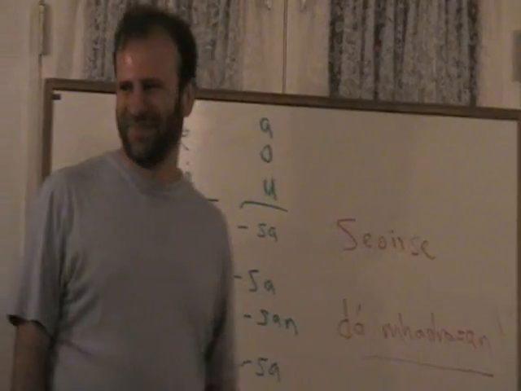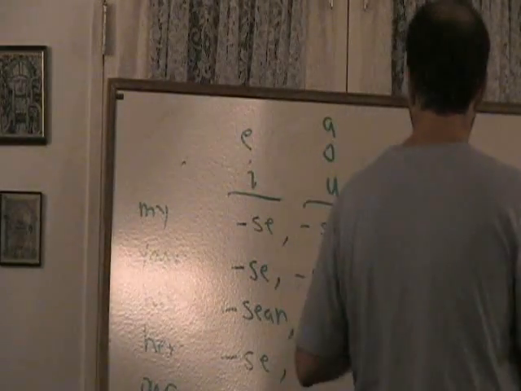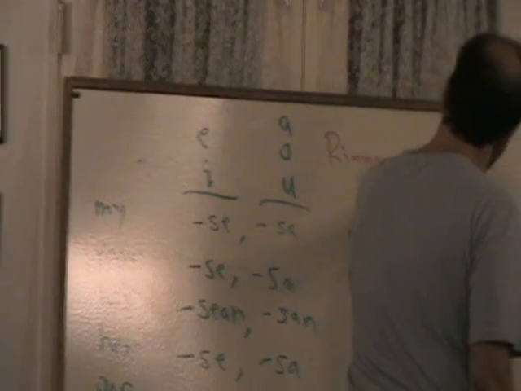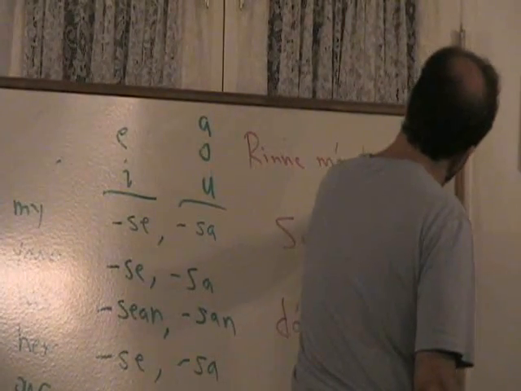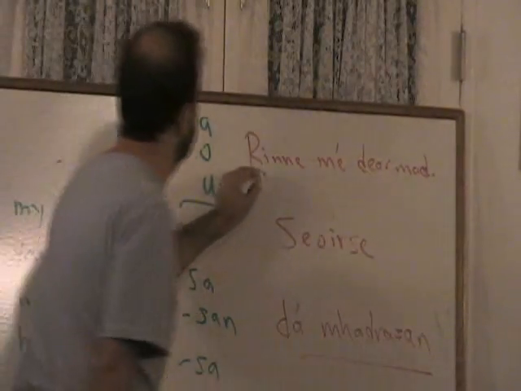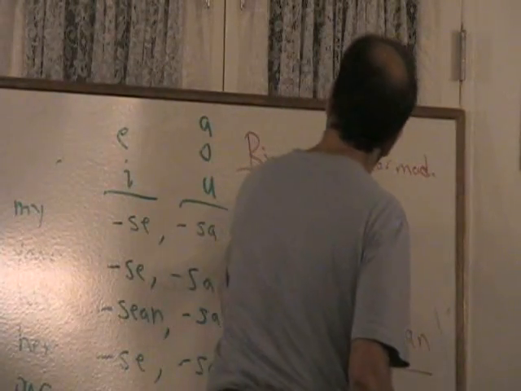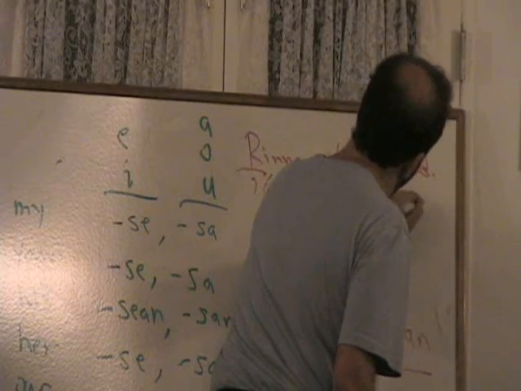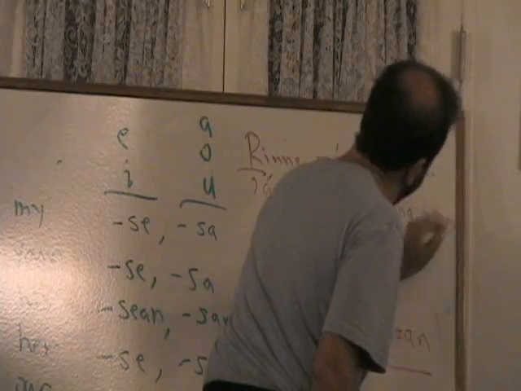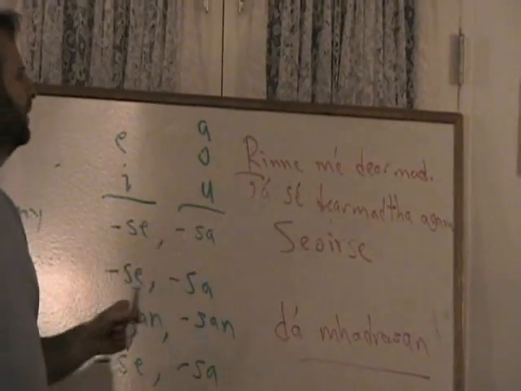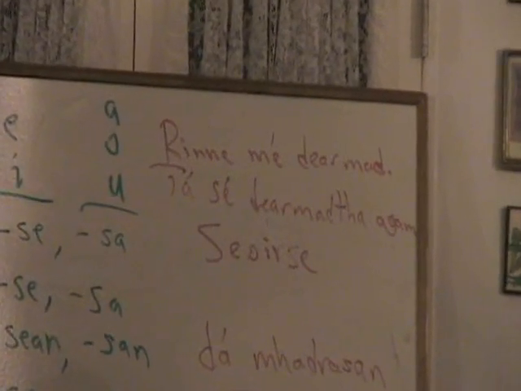How do you say "I forgot"? "Rinne mé dearmad" is "I forgot". If you want to say "I forgot it", it's a little bit better: "Tá dearmad déanta agam air", I have it forgotten.